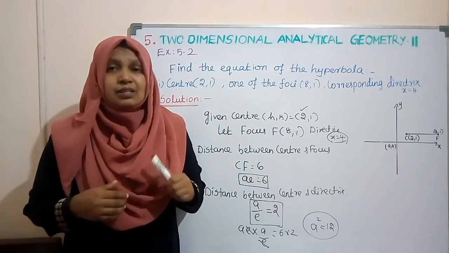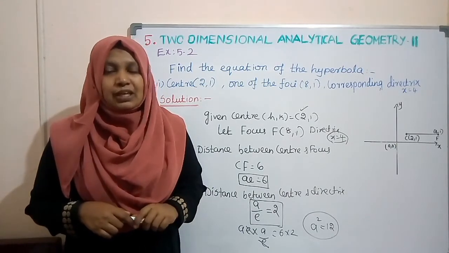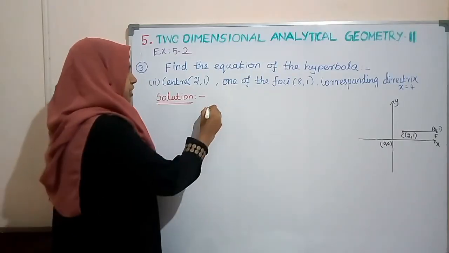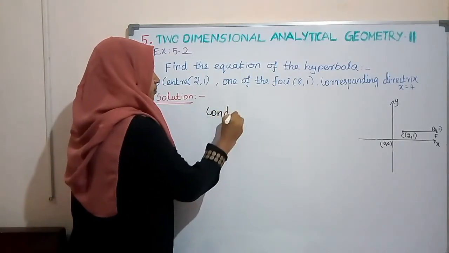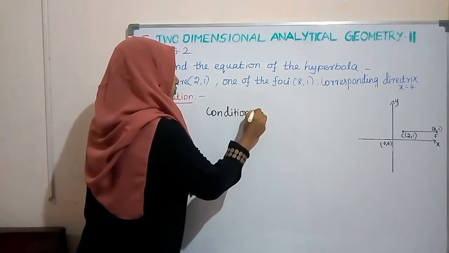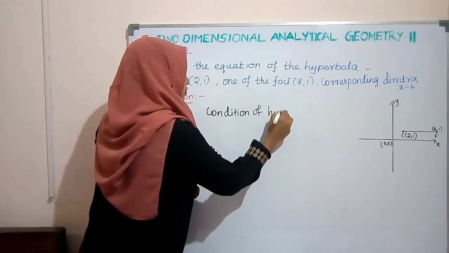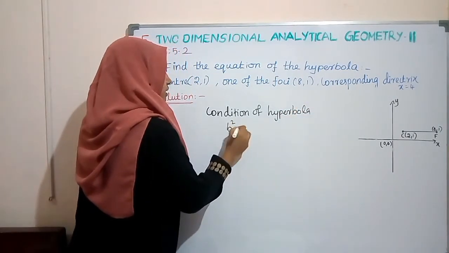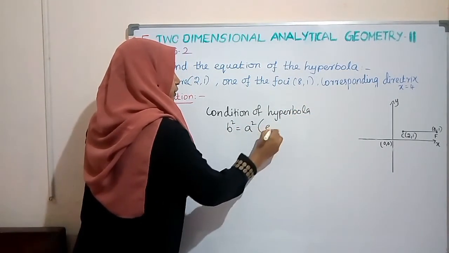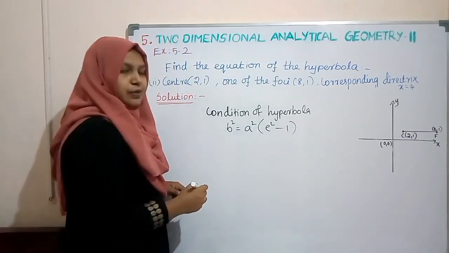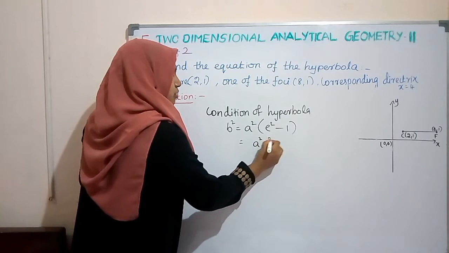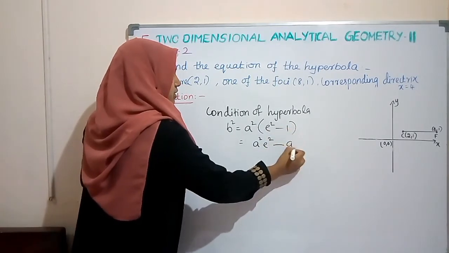Now after this, just use the condition of hyperbola. We can also find the b square value. So the condition of the hyperbola is b square is equal to a square into e square minus 1. Okay. Then just multiply it. It is a square e square minus a square into 1 is a square.